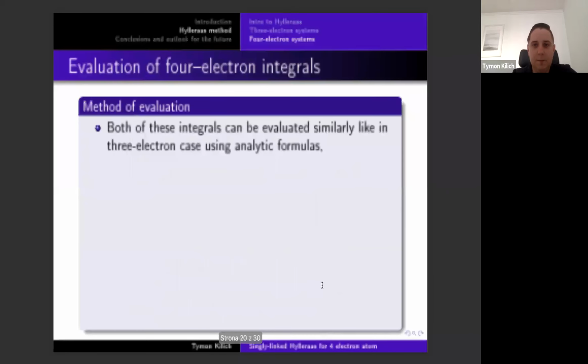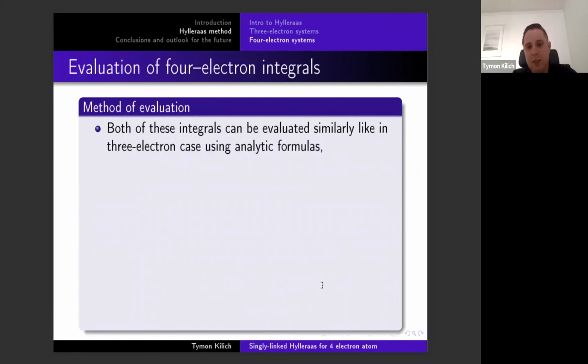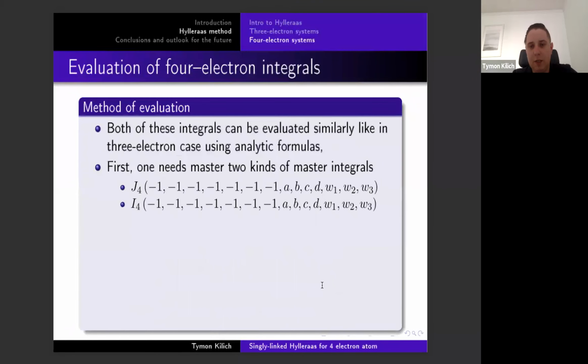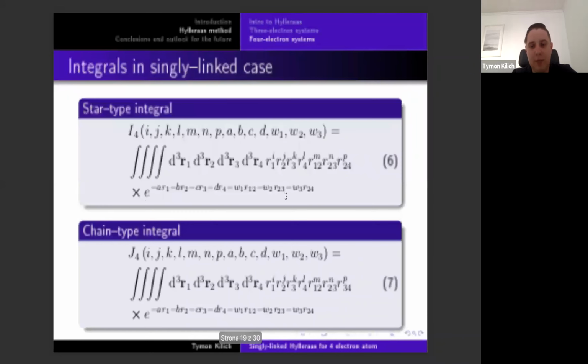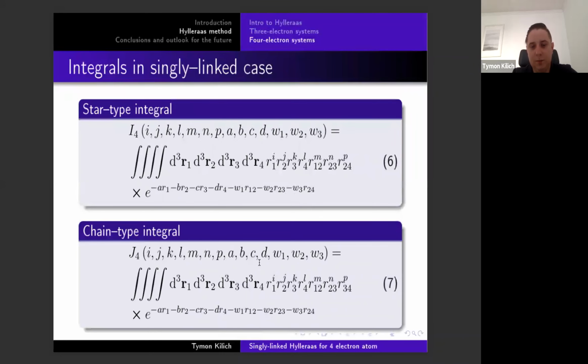Basically, those types of integrals can be, similarly to the three-electron case, described and found using analytic formulas. First one needs two kinds of master integrals, this J4 and I4, where all the r powers are to the -1, and then we use the expressions that result from them.